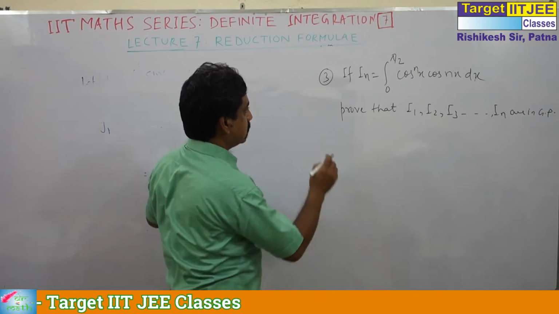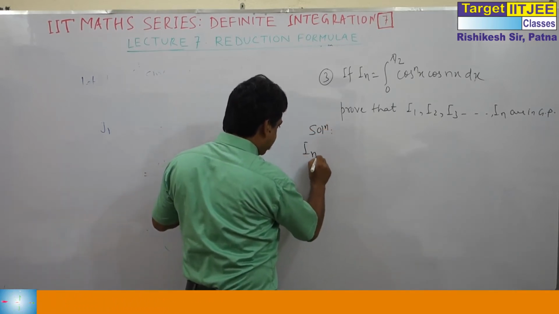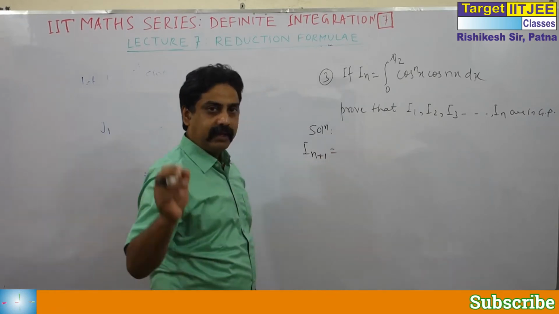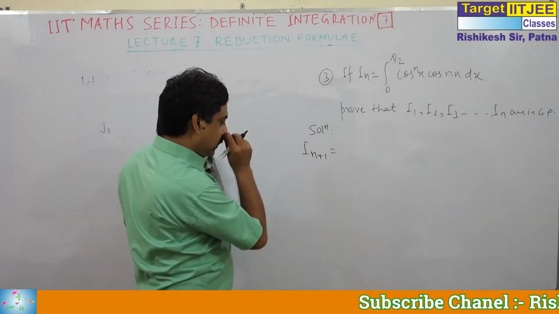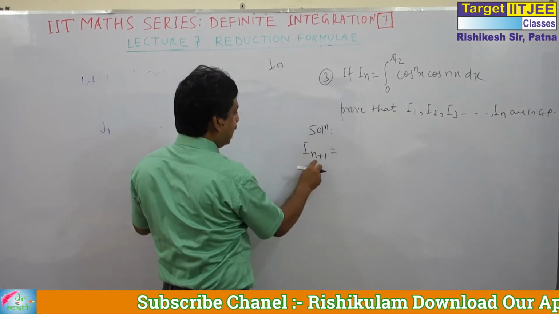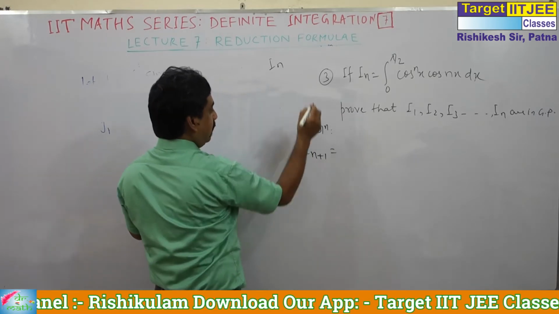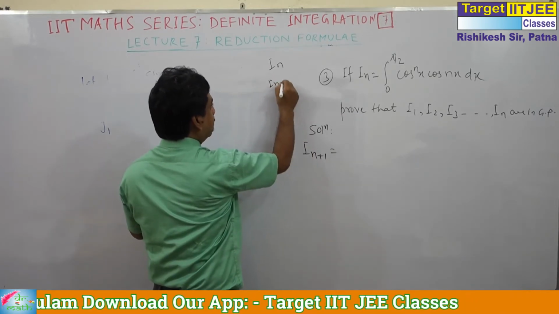Now, we can start with I_n or I_(n+1). If we start with I_(n+1), we get a relation between I_(n+1) and I_n. If we start with I_n, then we get a relation between I_n and I_(n-1). It doesn't matter.